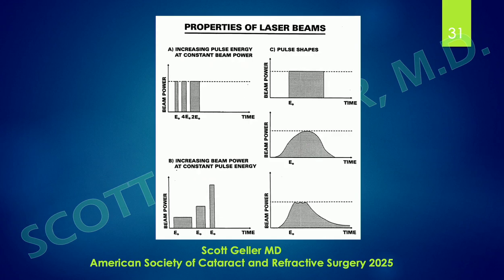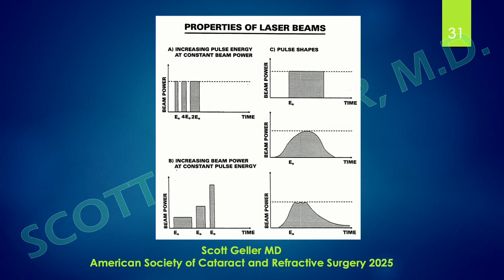So what are the properties of laser beams? Well, there can be several different ways a laser works. In the graph on A, we see increasing pulse energy at a constant beam power. On the lower left, we've got increasing beam power at a constant pulse energy.